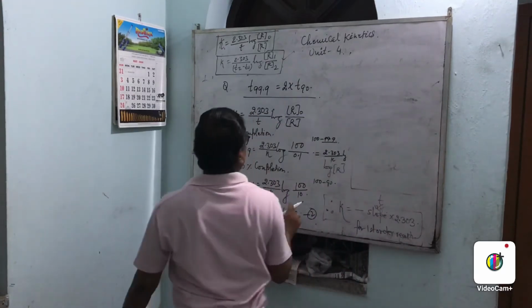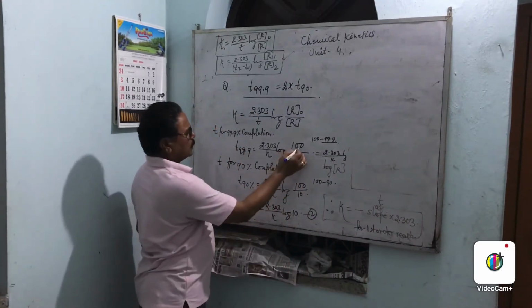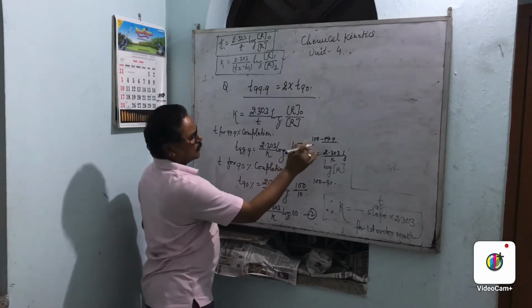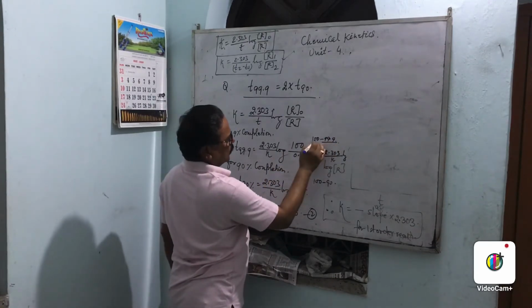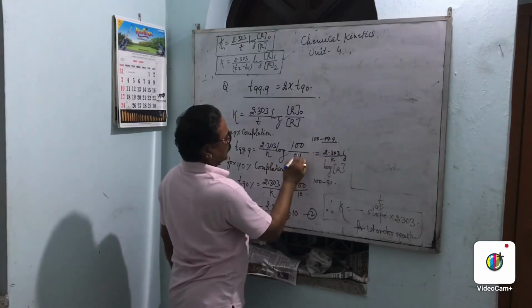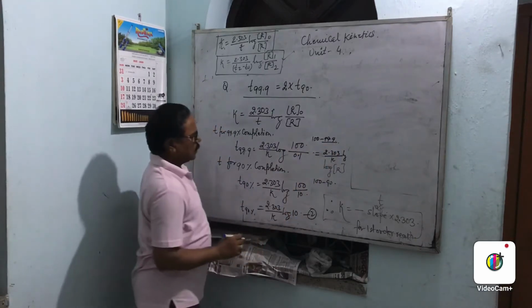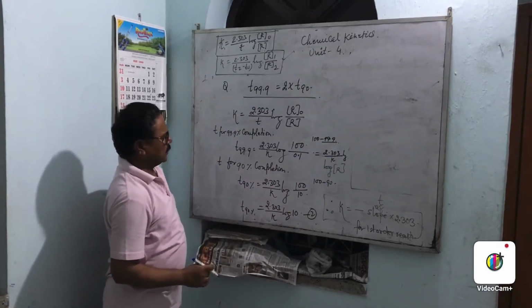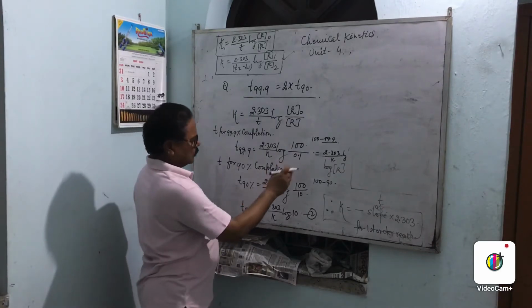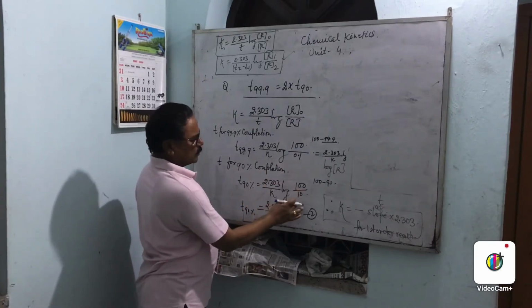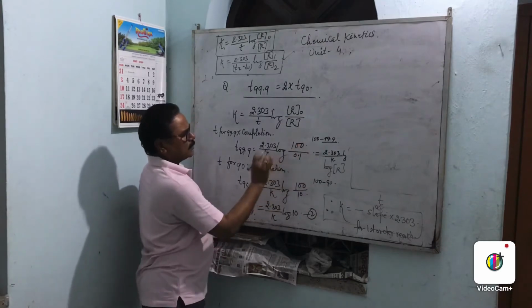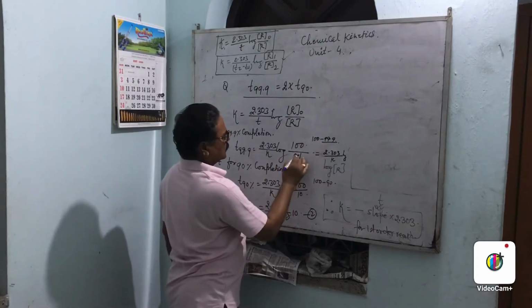Somewhere you will do the calculation, that is 100 minus 99.1, that is 0.1, and this is 3 log 10, which comes to be 2 log 10. That comes to be what? 100 minus 99.1, this is solved.